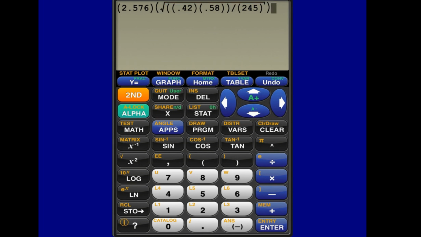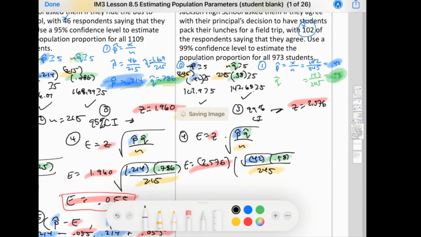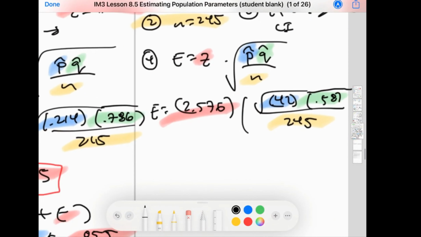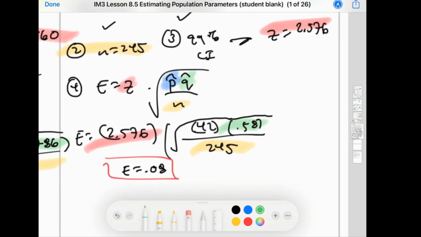Close parentheses, and that last parenthesis is just showing 2.576 times everything inside the radical sign, and we get 0.08. Hopefully you recognize this is the whole thing, and mathematically, I just want to show you that these are the same.